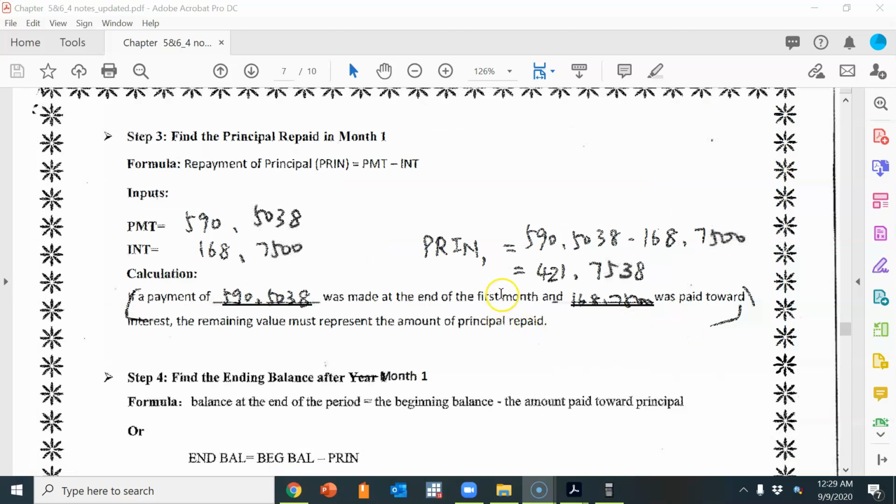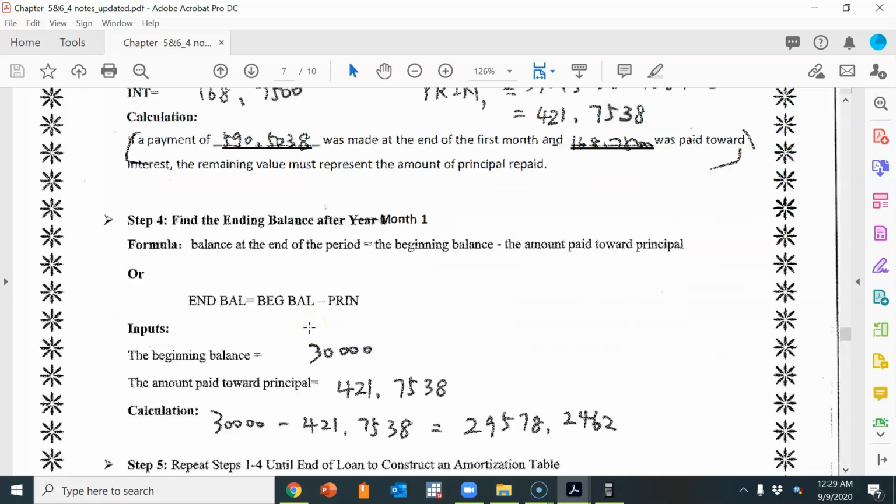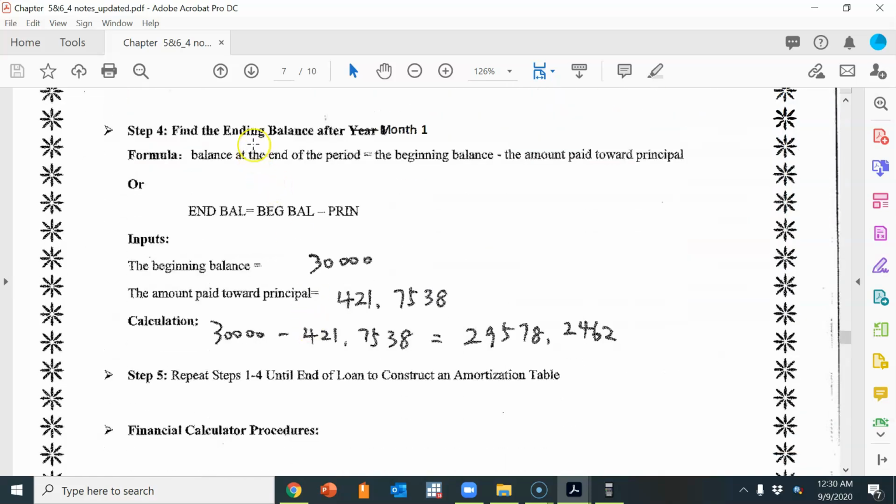I just made a little update here. So we can see the total payment in the first month is 590. We minus the interest payment, 168. So we have the remaining amount, 421, as the principal payment in the first month. Step 4, let's try to find out the ending balance after month 1. The ending balance should be beginning balance minus principal.